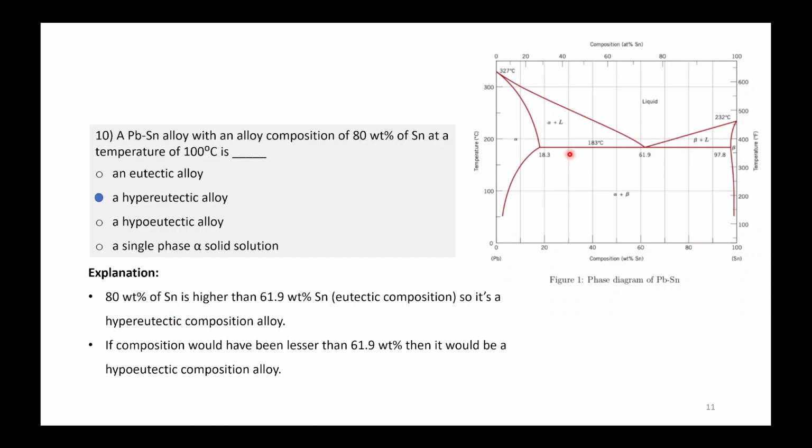If you were given, for example, around 30% or 35 weight percent, then it would be hypoeutectic composition. And if it would be lesser than this solubility at a particular temperature, for example at eutectic temperature, if it would have been lesser than 18.3%, then it would be a single phase alpha solid solution.